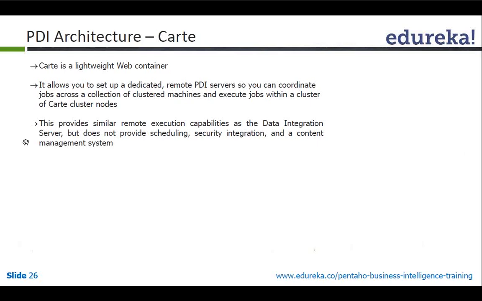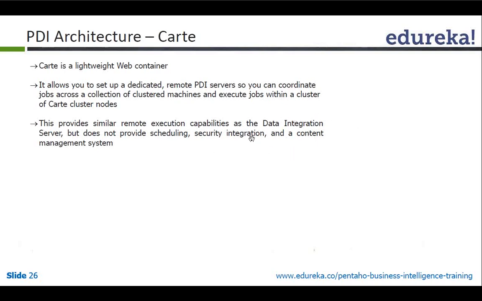The Data Integration Server is the enterprise version, the EE version, which is not part of the community version; in the community version it is Carte. In fact, even in the enterprise version they are using Carte, but they are not exposing it directly. Indirectly, behind the scenes, they are using the same tool.